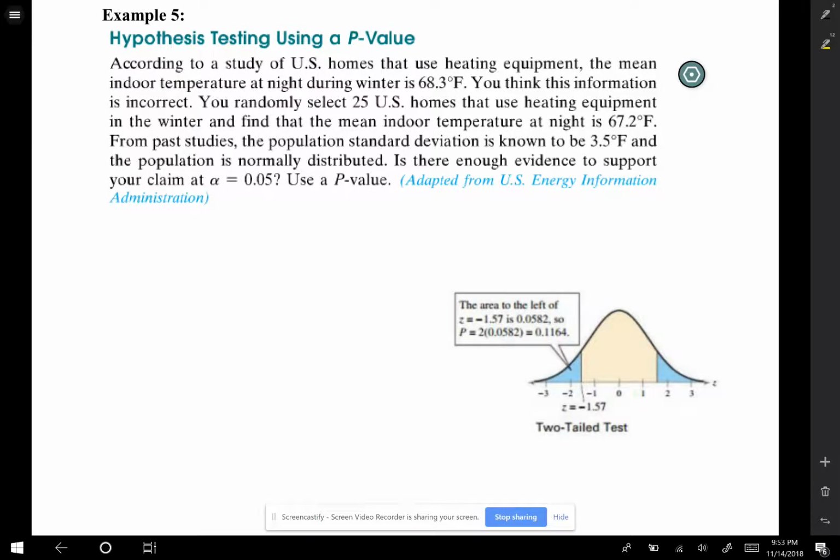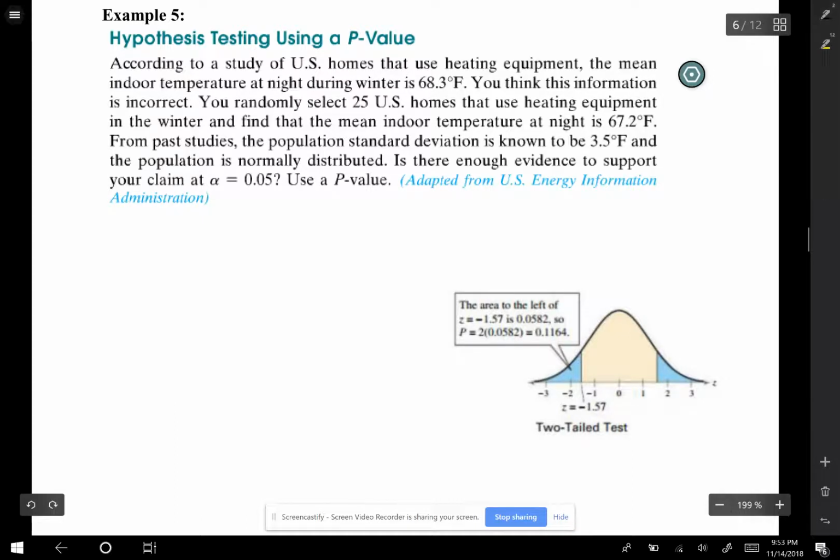So this is a study of U.S. homes that use heating equipment. In other words, like your heater, or maybe your heat and air unit, maybe a standing heater, but some kind of heating equipment. The mean indoor temperature at night during winter is 68.3 degrees Fahrenheit.